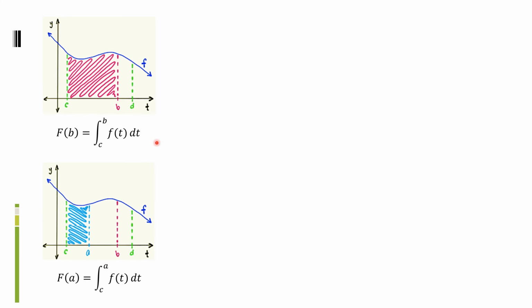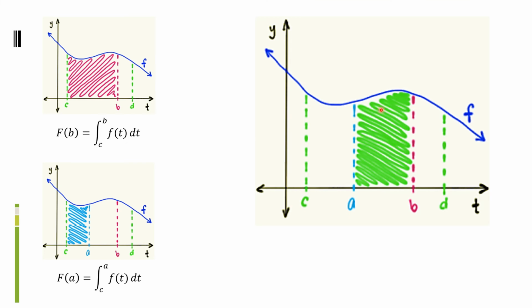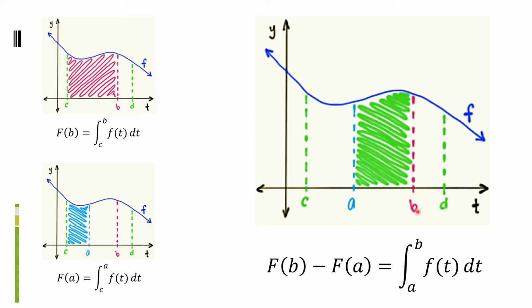Now, since we have the two, meron tayong area here from C to B at meron tayong area from C to A. What is then the area from A to B? That is this area. And what is this area? This is actually capital F of B minus capital F of A. Diba?